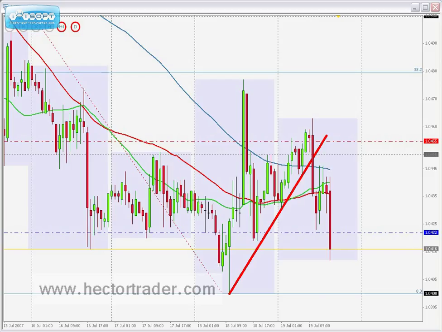I have many factors on my side: the technicals, the fundamentals, the trend, etc. And that's basically what this sell stop order is, or sell stop in this case, since we're in a downtrend. It would have been a buy stop order if we had been in an uptrend. But nonetheless, this is the technique that I wanted to show you guys today.